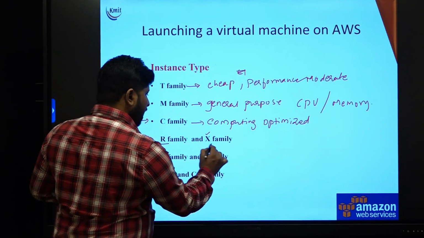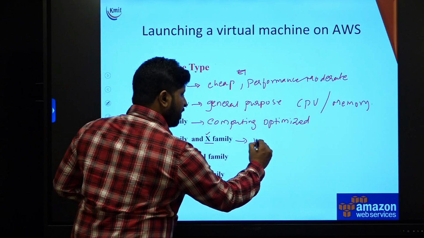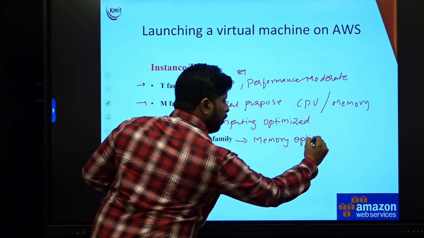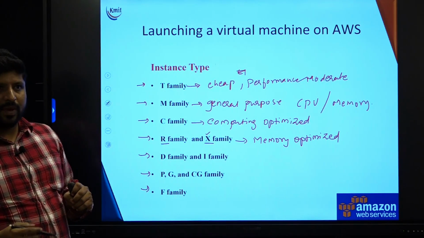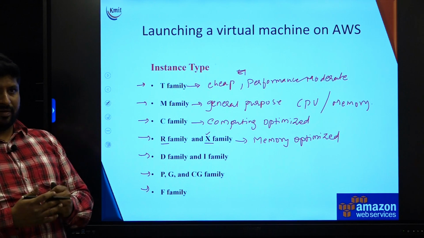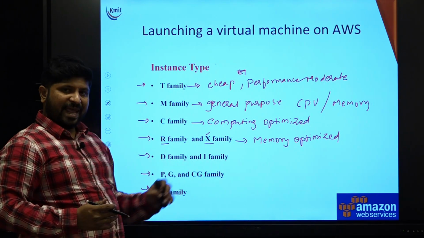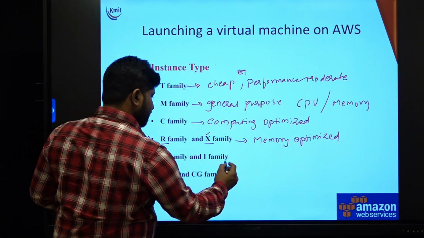Whereas R and X family are memory optimized, where you deal with neural networks or deep learning, where memory capacity is highly required. Then you can choose either R or X family virtual machines or EC2 instances.